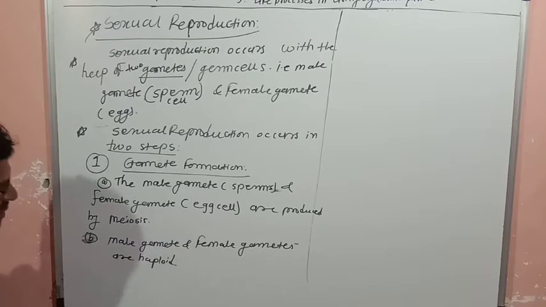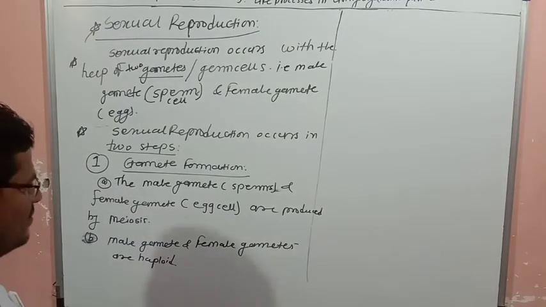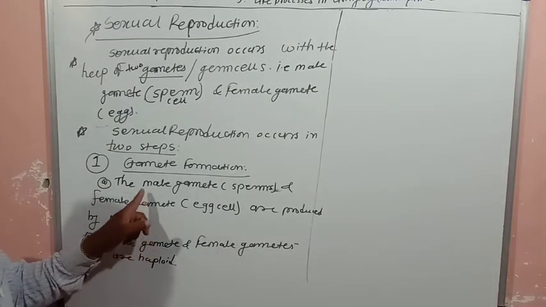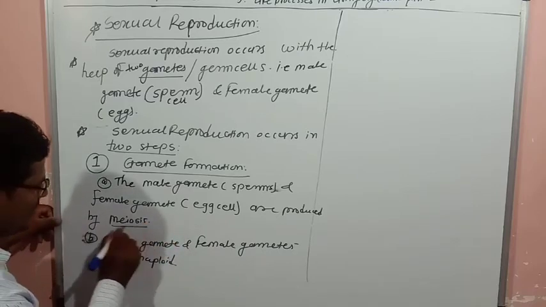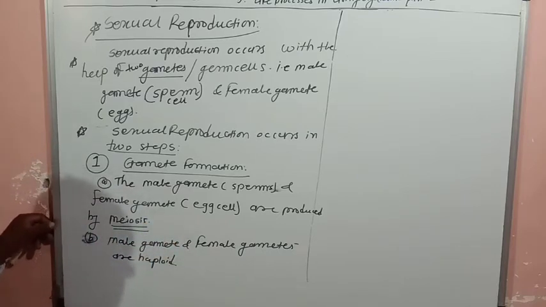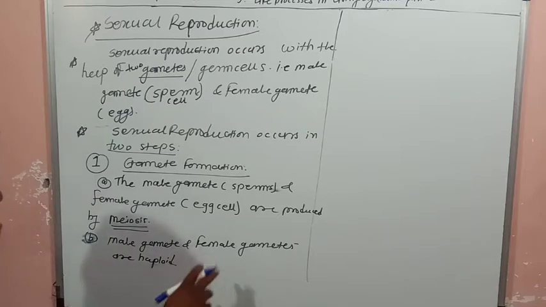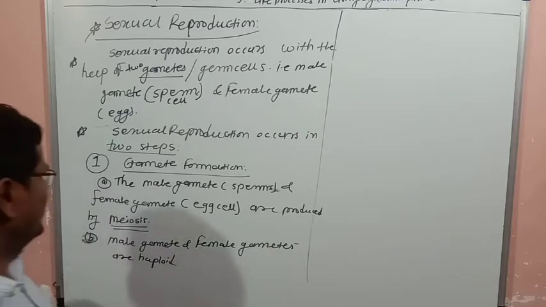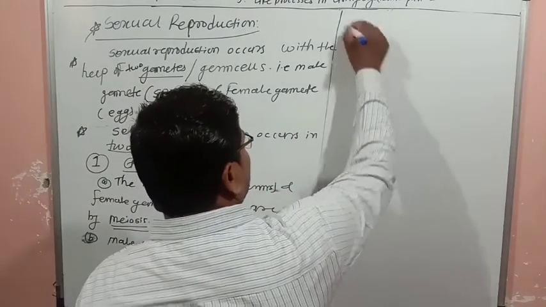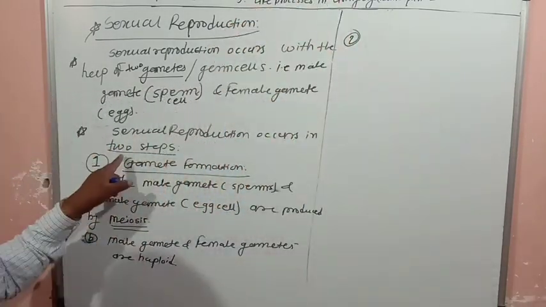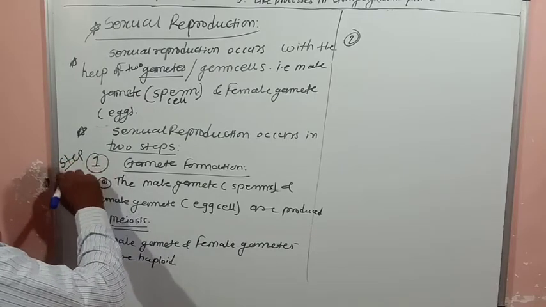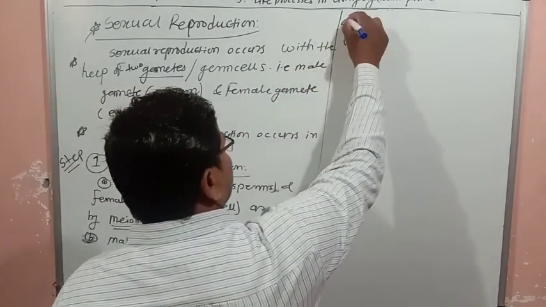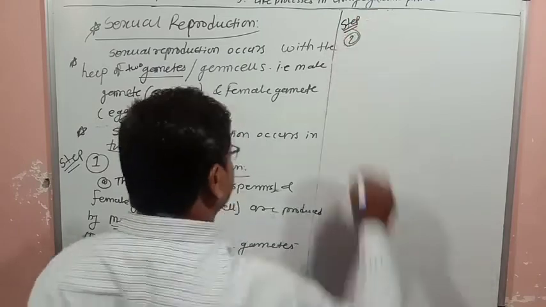So male and female gametes are produced by meiosis, the reduction type of cell division, and these are haploid in nature. So the next point, the next step, is step number two.